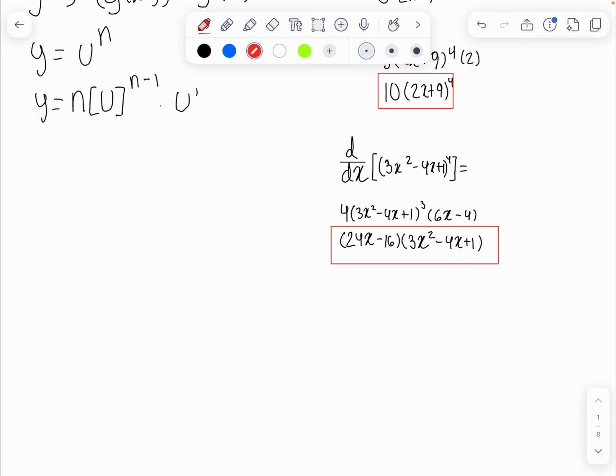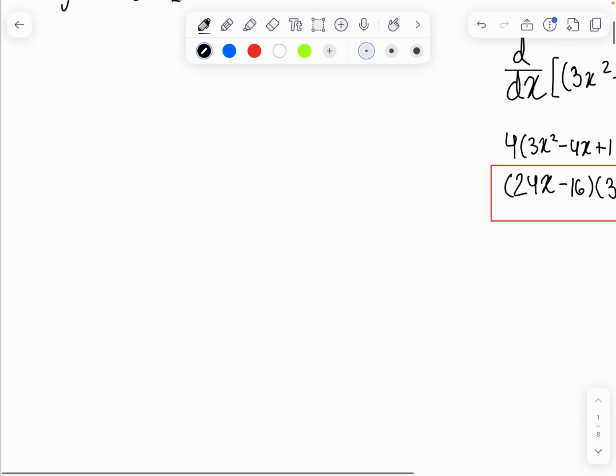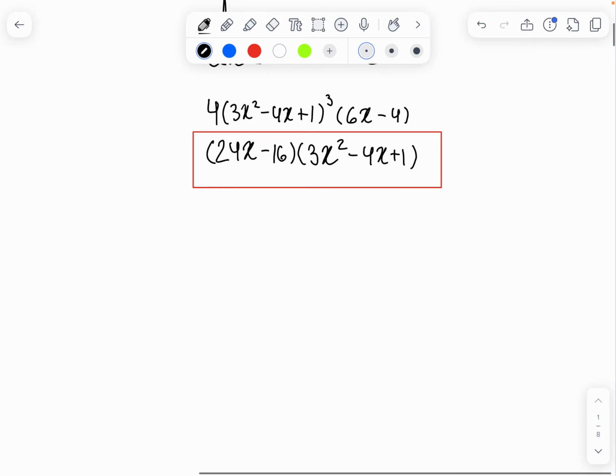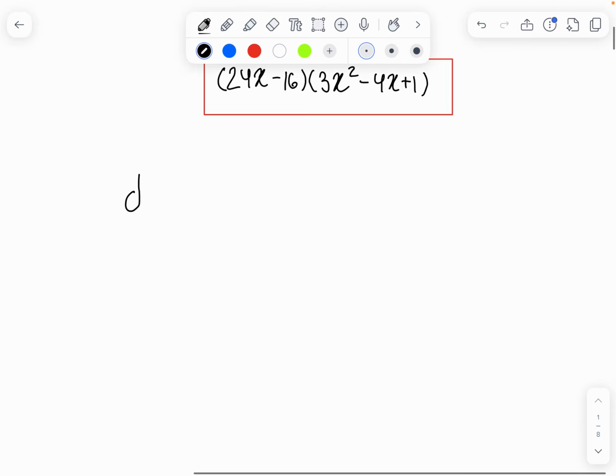So for the next questions, we are going to be starting to use trigonometry. So you're going to want to memorize the derivatives of your trig functions. I'm just going to write them down one more time for you guys to remember.